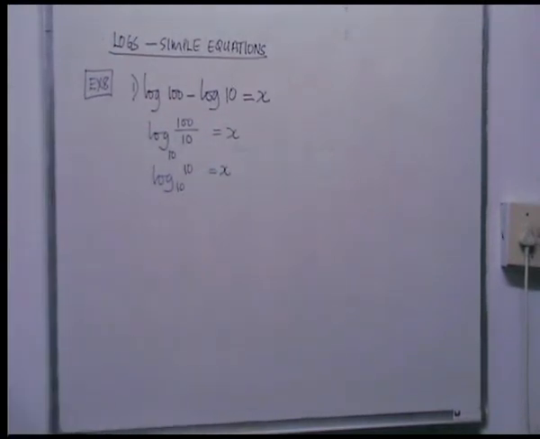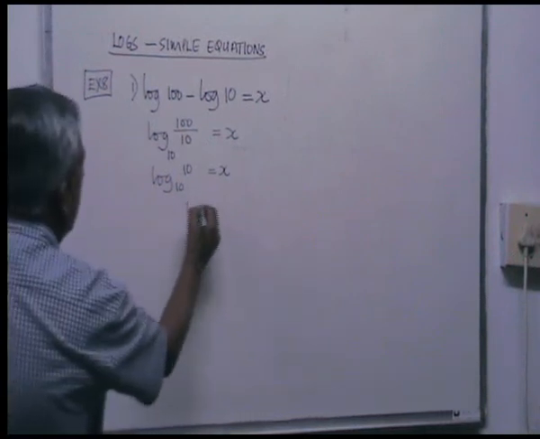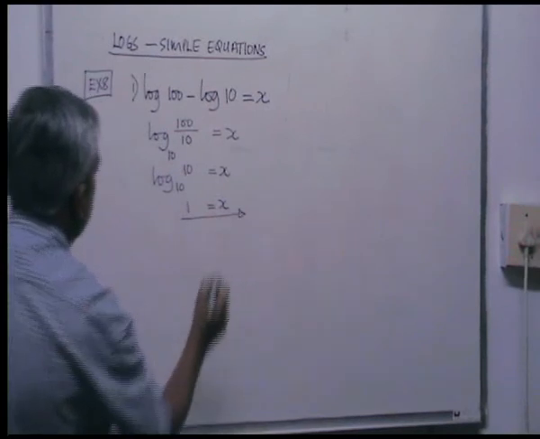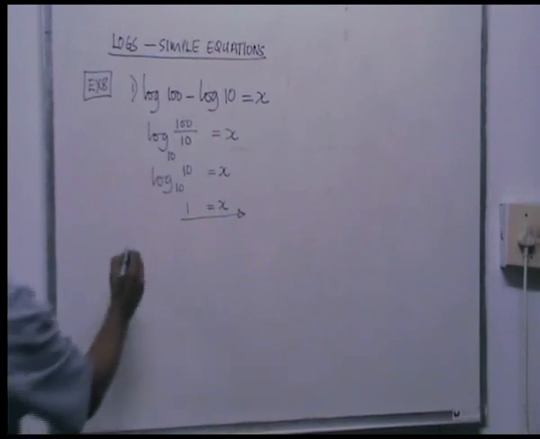Now you've got two choices. You can put this in the calculator straight away, as it is. The log of 10 to the base 10, you just put it in the calculator and you get 1. So 1 is equal to x, and you have finished solving that. In this case it was very, very simple because it was in base 10, so that's the end of story.